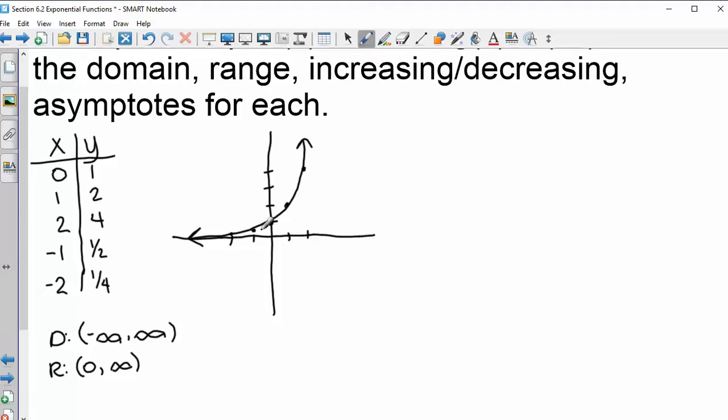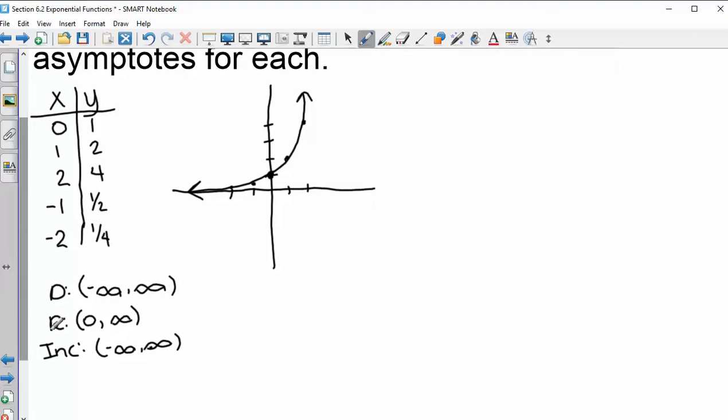Going from left to right, this graph rises the whole time, so it is increasing from negative infinity to infinity because we use the x values. And then asymptotes, we have a horizontal asymptote at y equals 0.